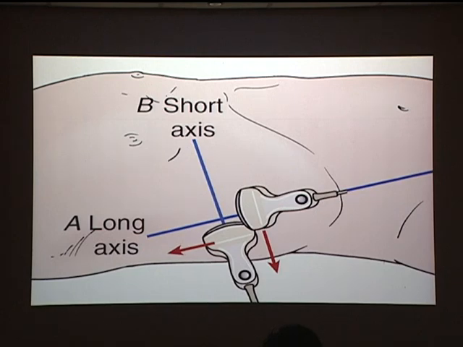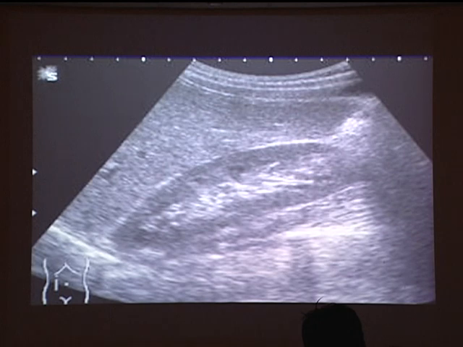It's not really parallel to your body. It's a little oblique, so you have to rotate the transducer a little. Once you find your long axis view, you can turn it counterclockwise 90 degrees to see its transverse view. This is what the right kidney looks like. Most of the time, we use the liver as the acoustic window for a better view of the right kidney. It's the double density: the sinus hyperechoic and the cortex hypoechoic, alternating.